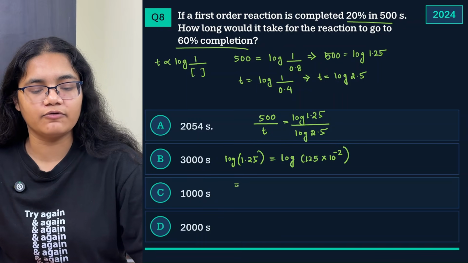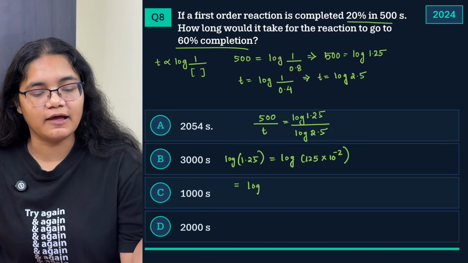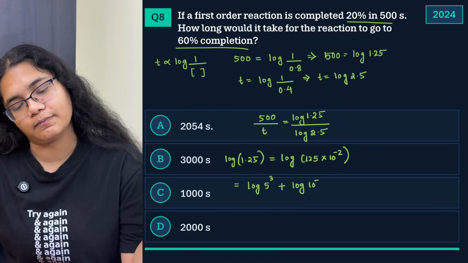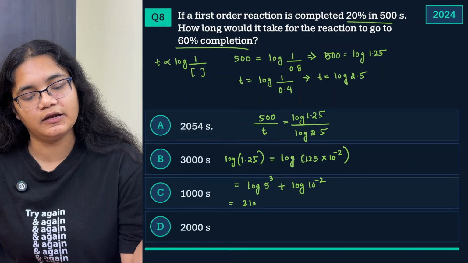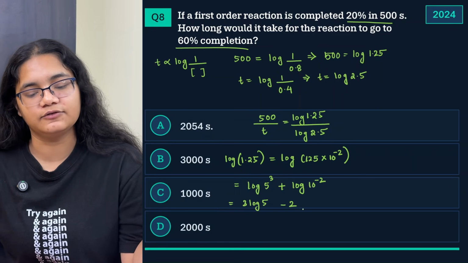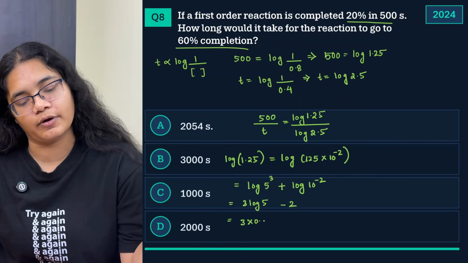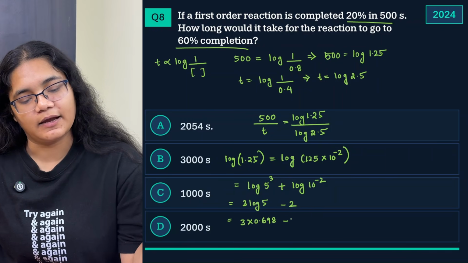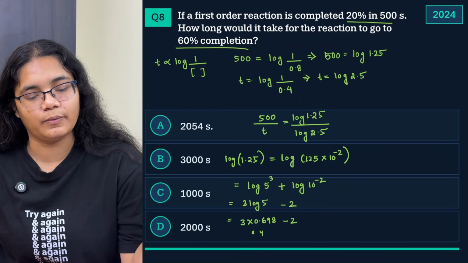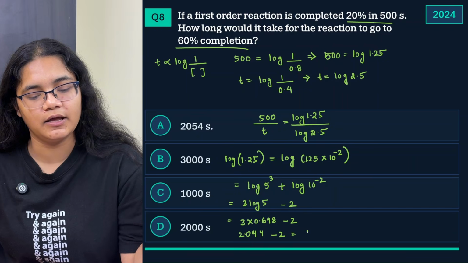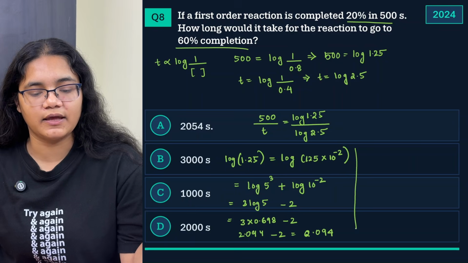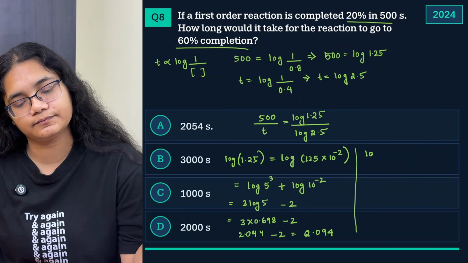Log 5 is around 0.698, so we'll have log of 5 to the power of 3 plus log of 10 to the power of minus 2. So it will be 3 log 5 minus 2. Now 3 log 5 will be 3 into 0.698, minus 2. So that gives me 0.2094 minus 2, that will be around 0.094.